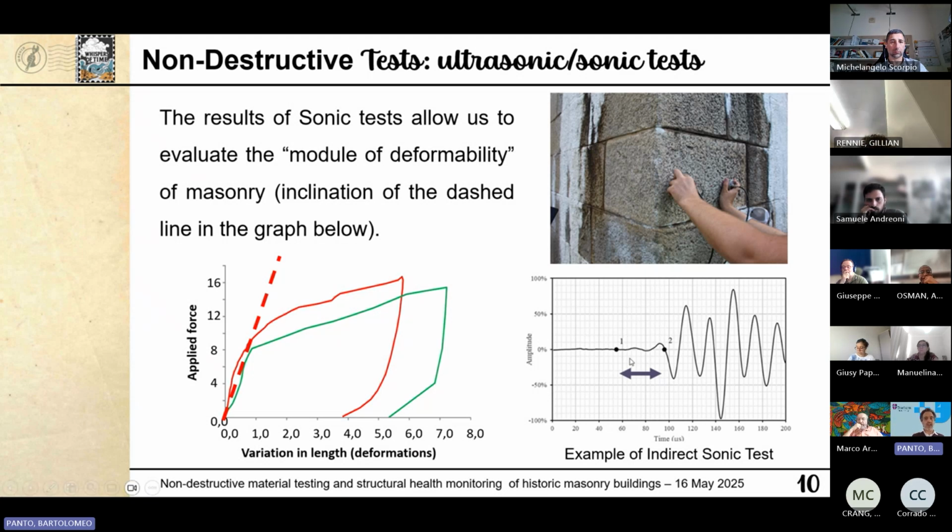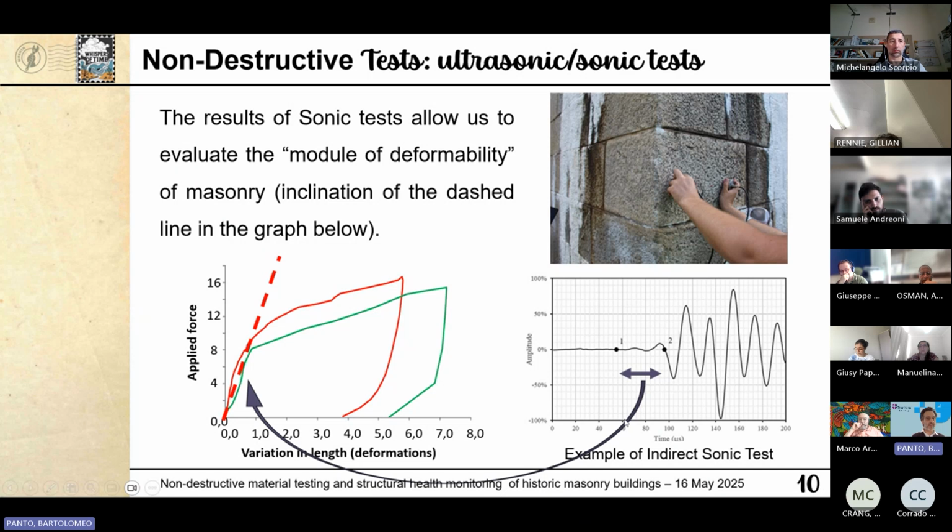So in the end, we have information about how fast the wave propagates through the material, and this information, through a theory of waves propagating in elastic materials, something very well known in the literature, we can estimate the deformability of the masonry.